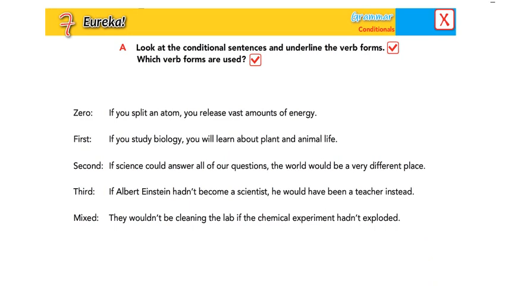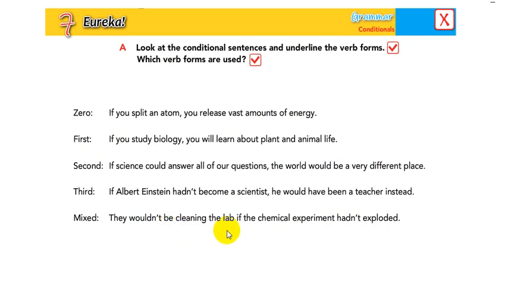For example, they would be cleaning the lab if the chemical experiment hadn't exploded, which means the chemical experiment had exploded in the past, so now they have to clean the lab.